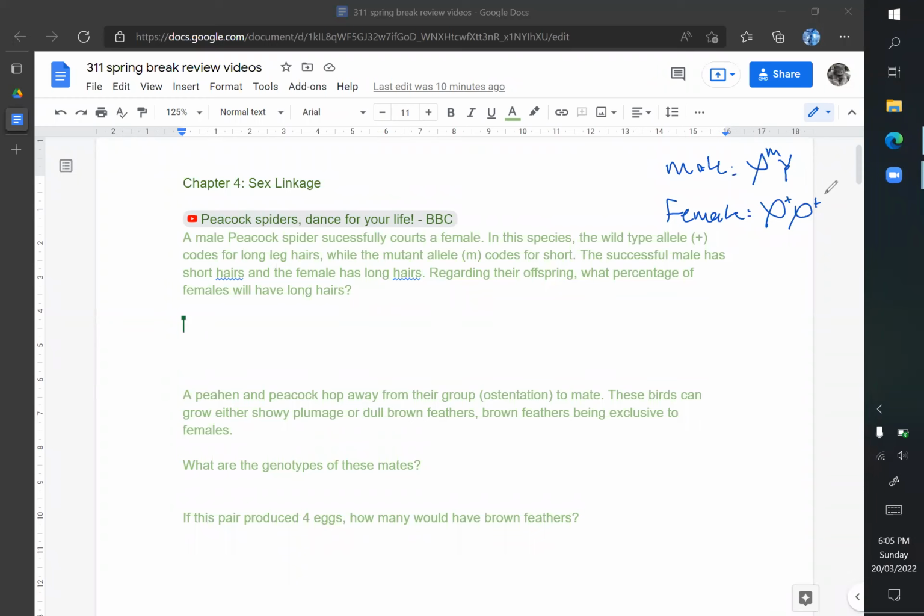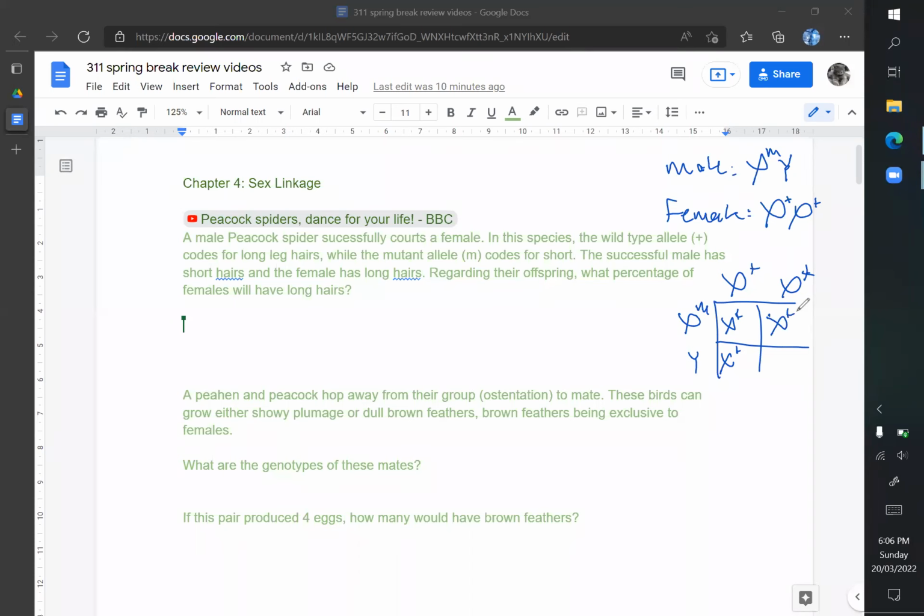And so we can cross these two individuals, and we have the male over here with X, M, and Y, and the female with X plus, X plus. You don't have to do this. It's actually quite obvious what's going to happen, but we have this X plus coming down here, and the same here.